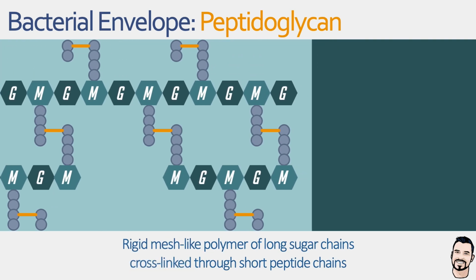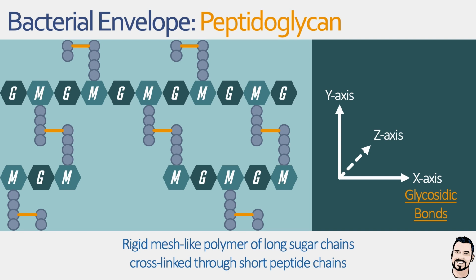Now, when we look at peptidoglycan, it's important to remember that it is a three-dimensional structure. Along the x-axis, we have long chains of our alternating sugars, which are held together via beta-1,4-glycosidic bonds. Then along the y-axis, we have the short peptide chains that link the sugars together via peptide bonds.